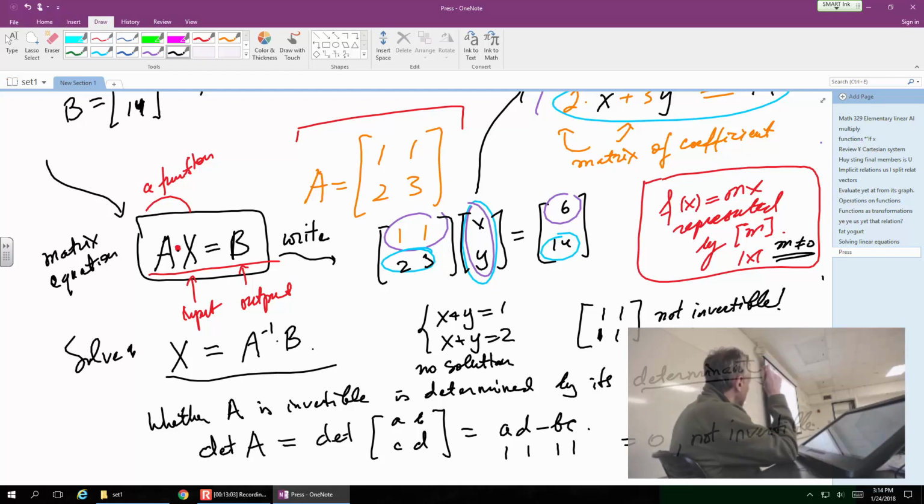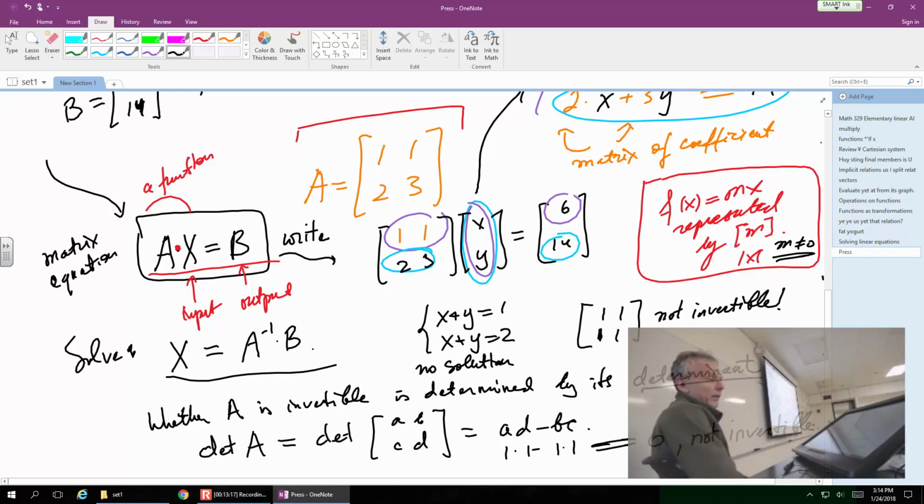When it is 2 by 2 it is okay, when 3 by 3 it already becomes cumbersome. But we certainly will have to face it. And that's the big part of the whole course, outlined right here on this page.